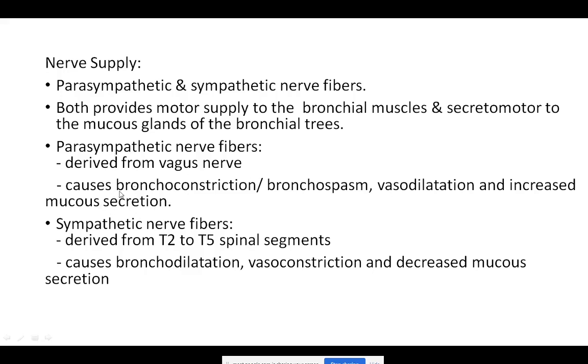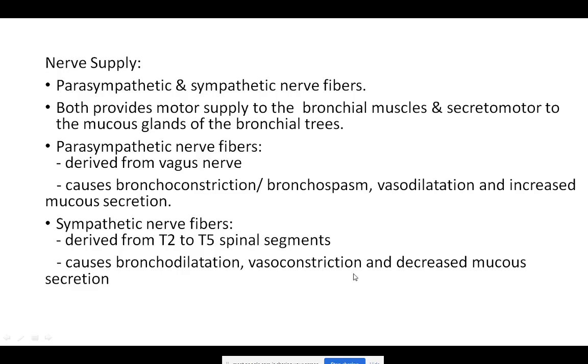You understood? Then if the bronchial muscles of the respiratory tract are supplied by a sympathetic nerve, stimulation of the sympathetic nerve fibers will cause bronchodilation or vasoconstriction and decrease the mucus secretions.